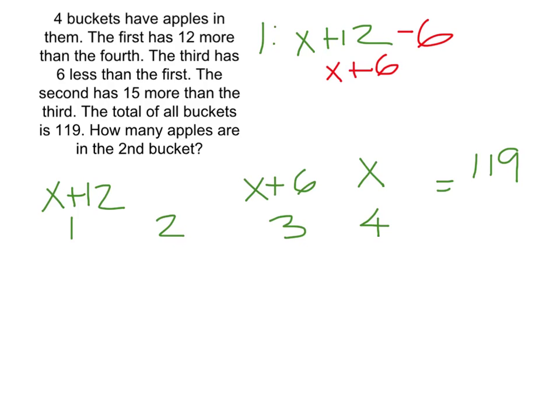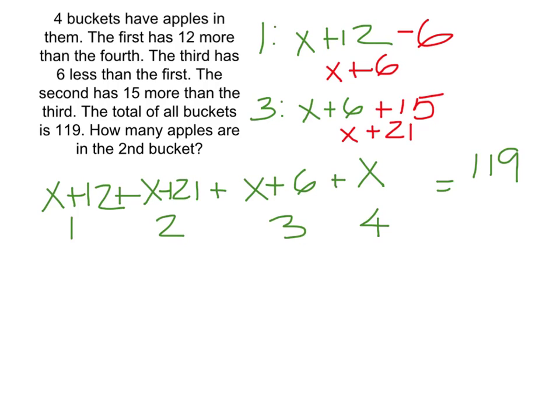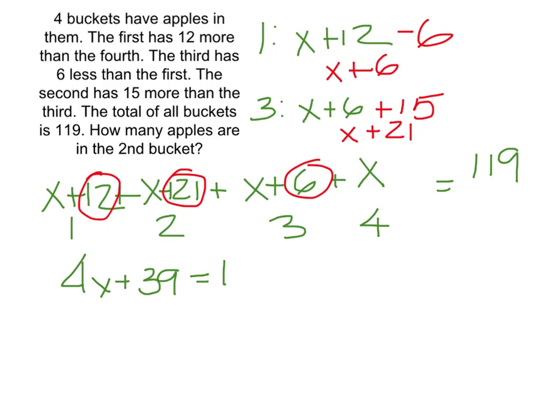The second has 15 more than the third. Here's the third, and it has 15 more. So what expression do I have now? X plus 21, right. So your plus signs, we have 4 x's. 12 and 21 is 33, plus 6 is 39.